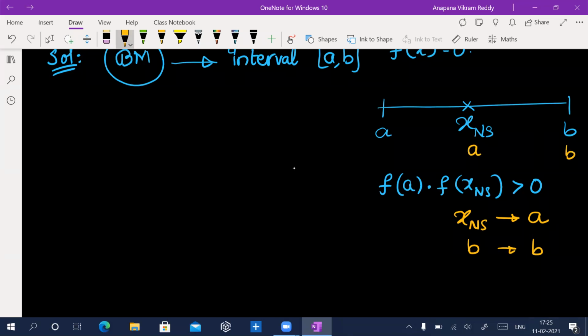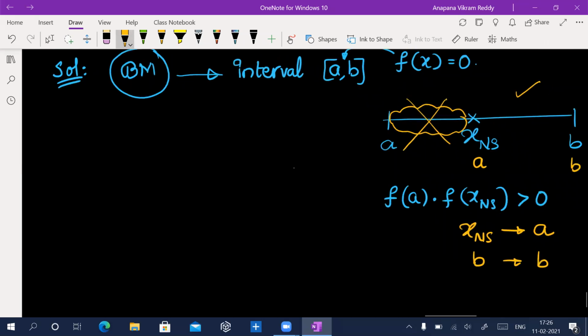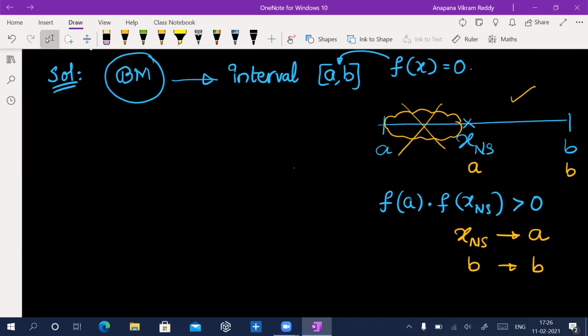Now in this case, we understood that this part is gone. So only this part is active now. So exactly half of the interval got reduced for iteration number 2. So on, what do you do? Say you require some n number of iterations.